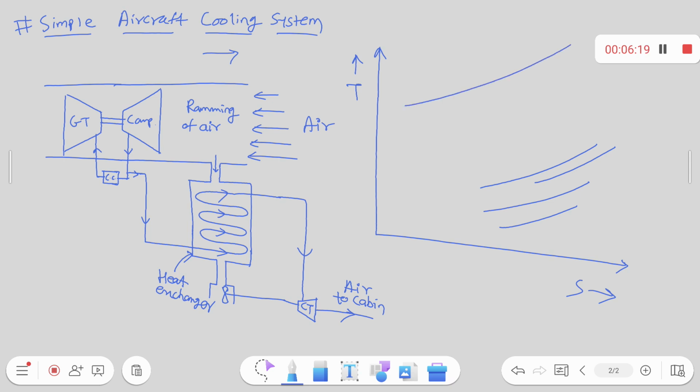So all these lines I have drawn are constant pressure lines. So this is the atmospheric pressure. This is the cabin pressure. This is the ideal ramming pressure, and this is the actual ramming pressure. Right? This is the compressor pressure.